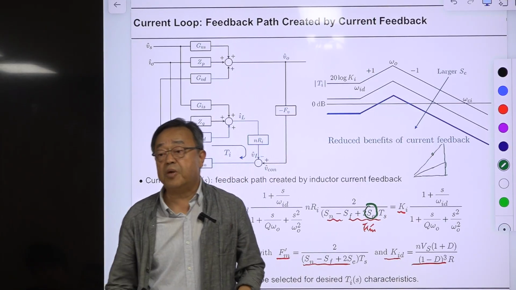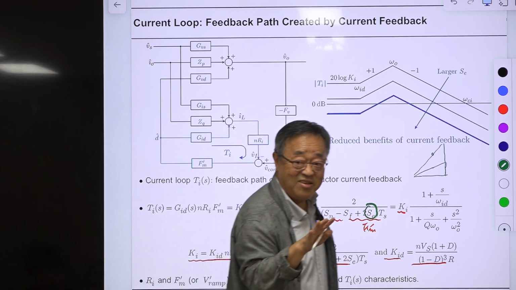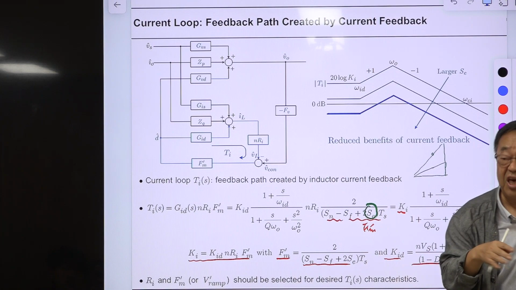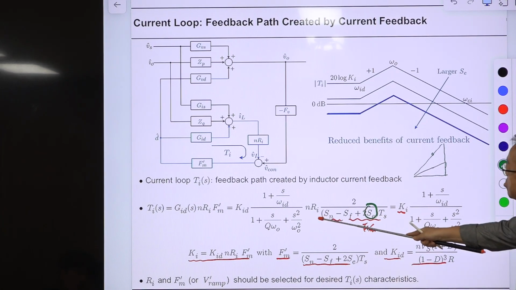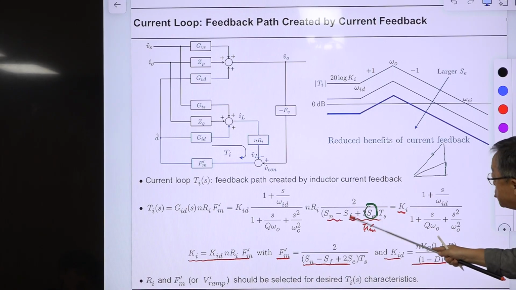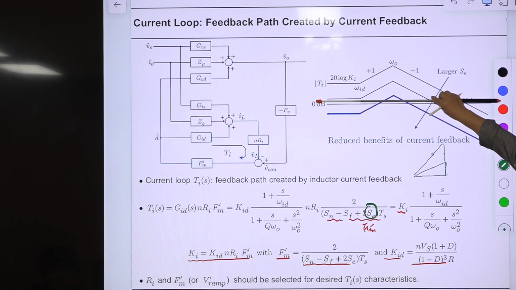For some cases, people want to increase the SE. Something bigger is good, which is not true here. They increase this so much that it becomes much larger than this. This will be gone, and only this one remains. That means what? Voltage mode control. The feature of the current feedback is reduced.